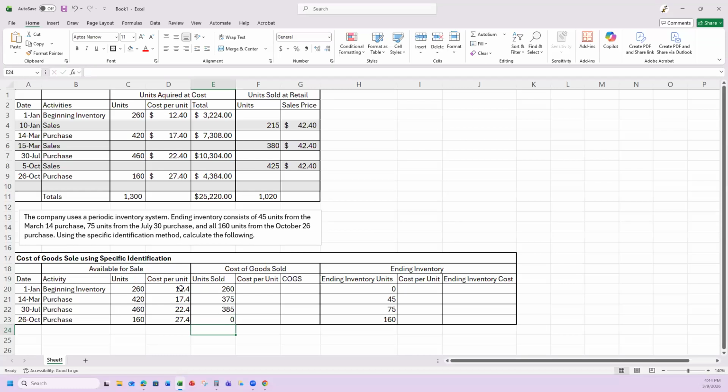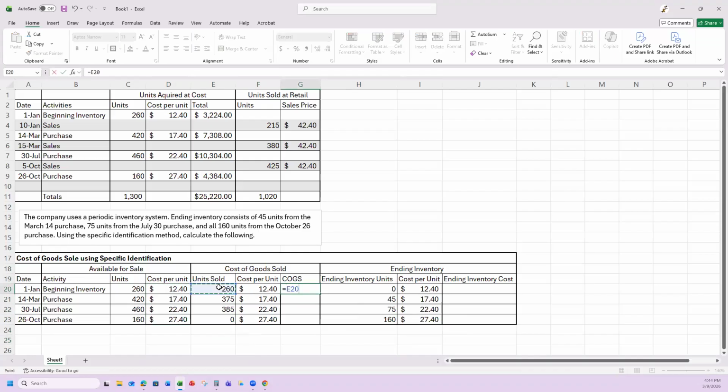Then we can just copy this cost per unit information straight over. So I'm just going to copy this, paste it, and we'll paste it here as well. And now to find our cost of goods sold, we're just going to take the number of units that we sold times the cost of those units.